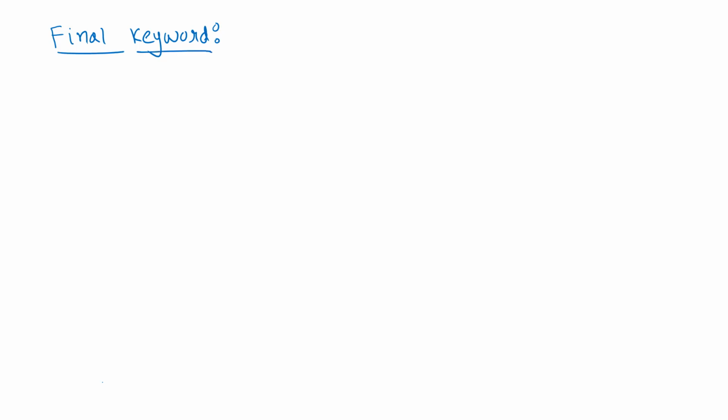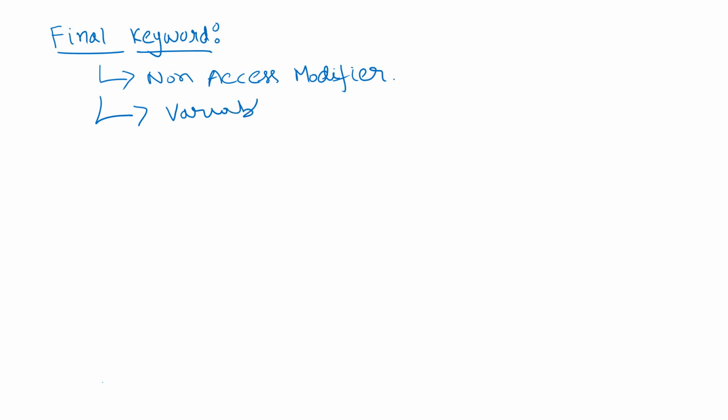Final keyword is a non-access modifier, and this can be applied to variables, methods and classes.